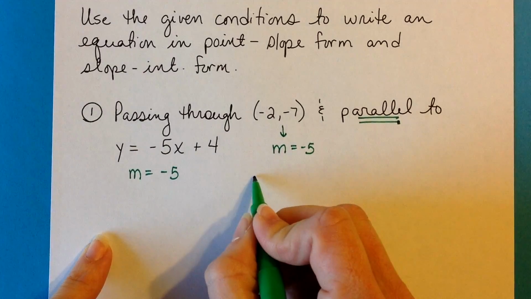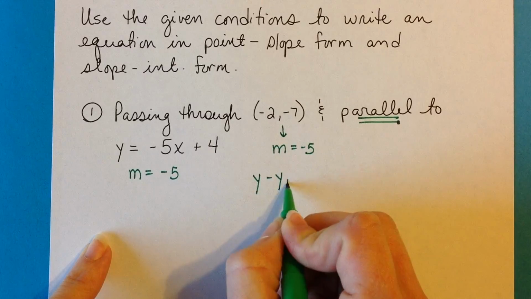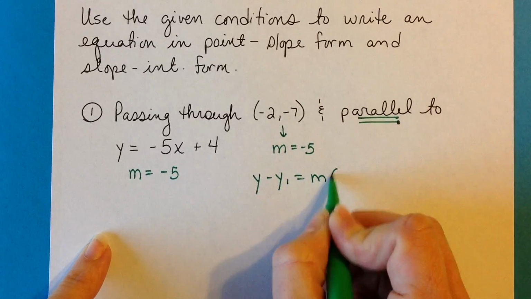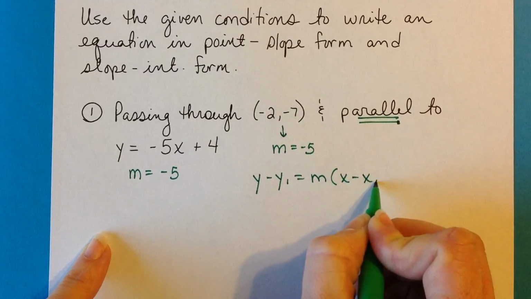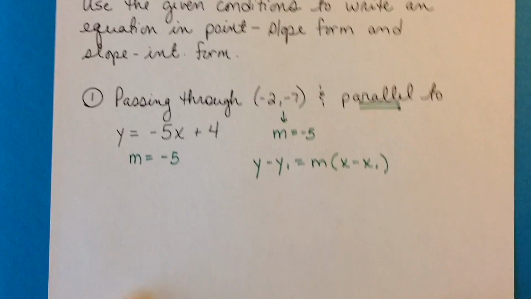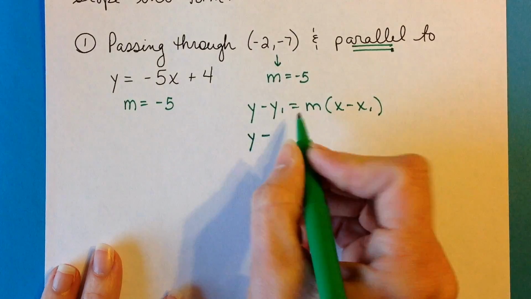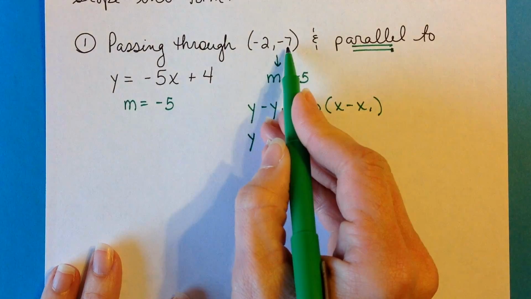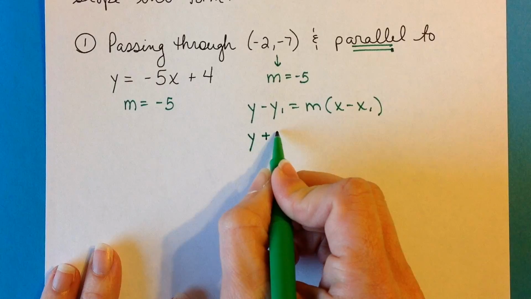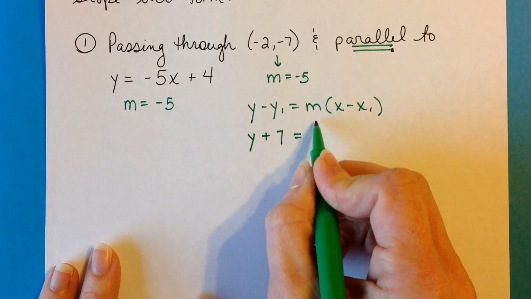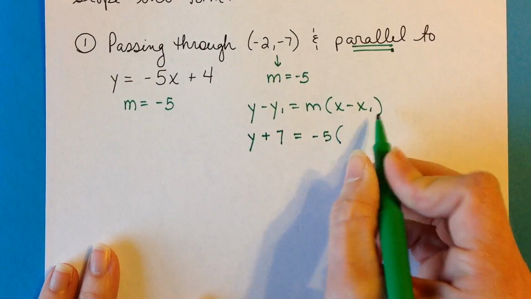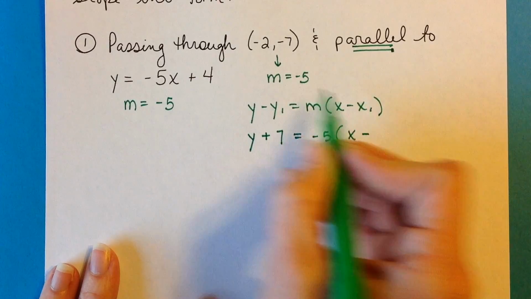All right, so go into your point-slope form, the same thing that we had used in the previous section. Okay, substituting in your information. The y coordinate is -7, so minus a negative, I'm going to change that to a plus. My slope is -5, and then x minus the x coordinate.